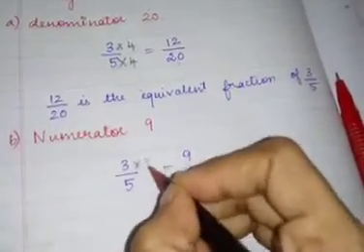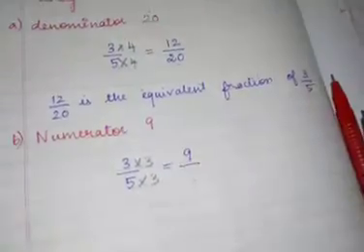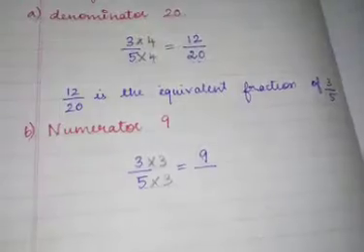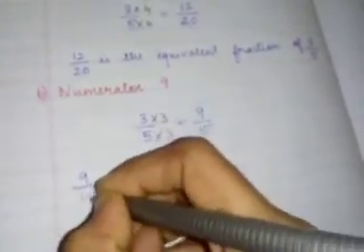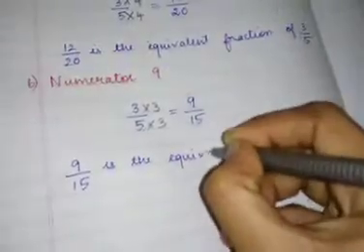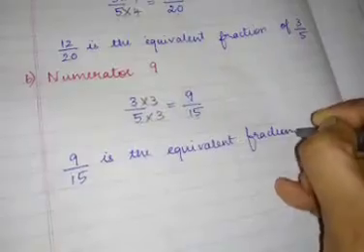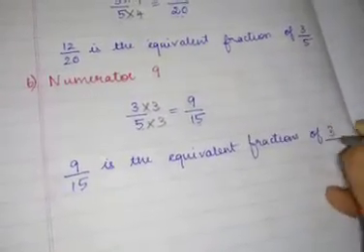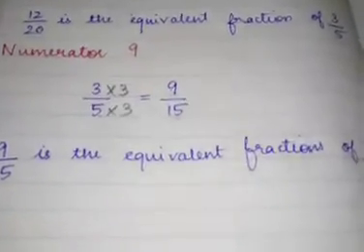So 3 threes are 9. So 5 threes are what, children? 5 threes are 15. So 3 threes are 9, 5 threes are 15. Now I got 9 by 15 as the equivalent fraction of 3 by 5 with the condition that our numerator is 9.